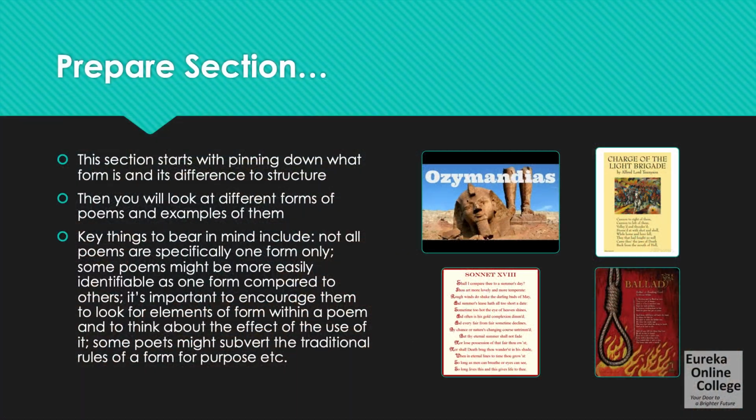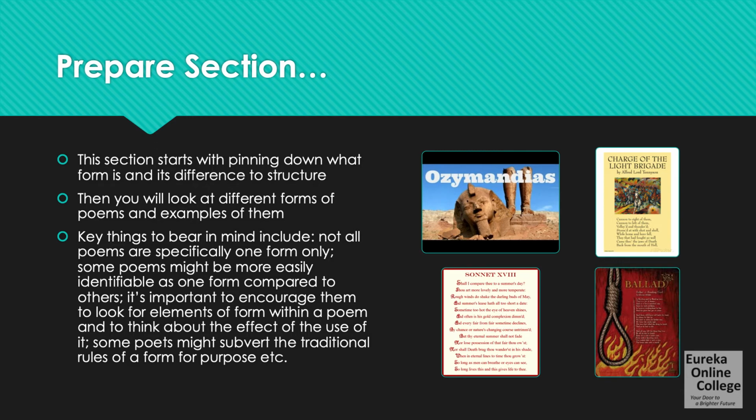Finally, on form, you will have a good look at sonnets and the 2 different types of them, the Petrarchan and the Shakespearean. As I just said, sonnets are easier to identify because of the strict structural rules of 14 lines of iambic pentameter, specific rhyme scheme, etc. And of course they are used most famously by Shakespeare, even in his plays, such as Romeo and Juliet's first lines with each other.